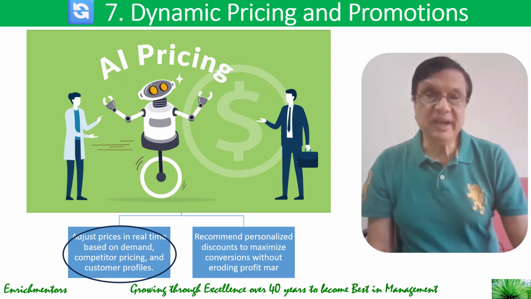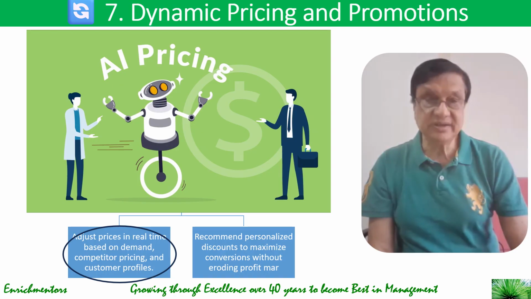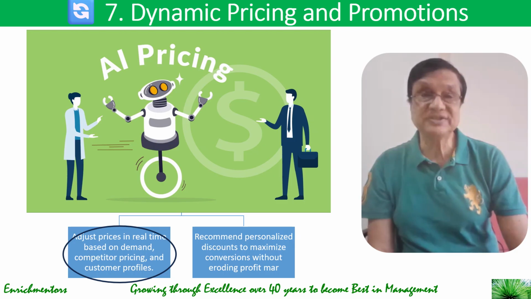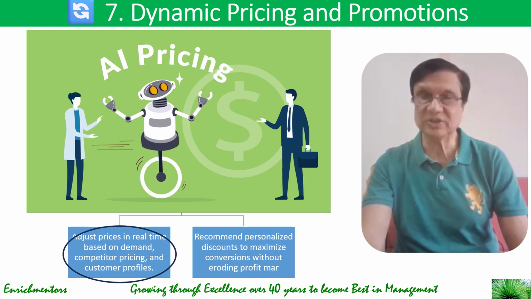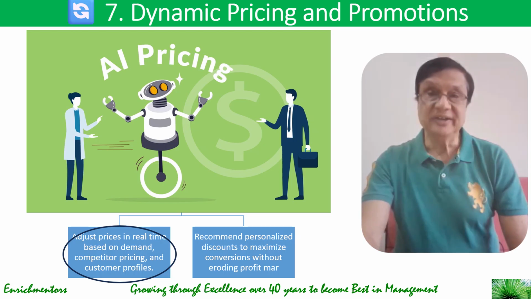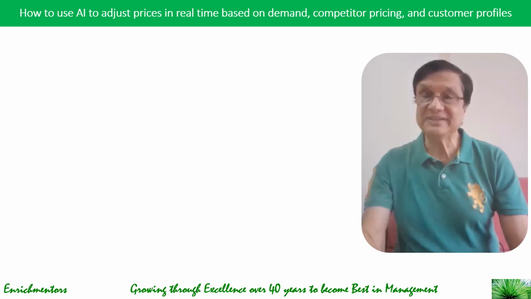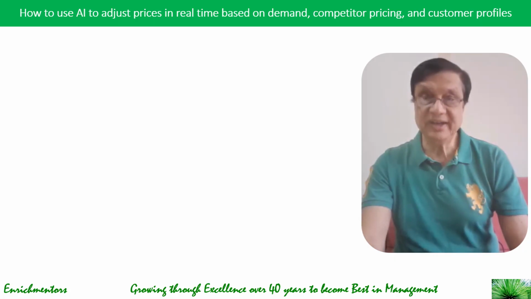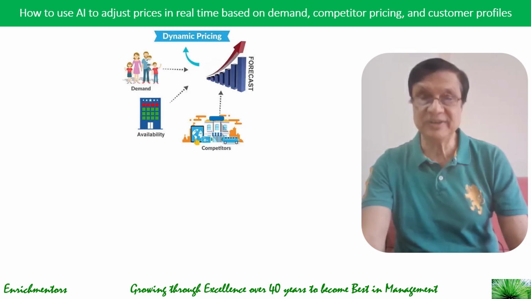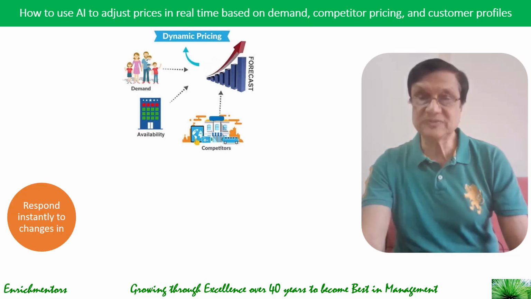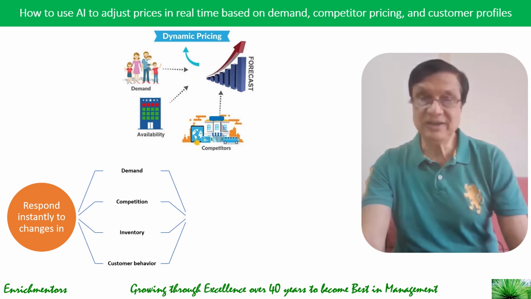So let's take a look at how you can adjust prices in real time based on demand, competitor prices, and customer profile using AI to price your products dynamically. Using AI to adjust prices in real time, a strategy known as dynamic pricing, allows businesses to respond instantly to changes in demand, competition, inventory, and customer behavior.